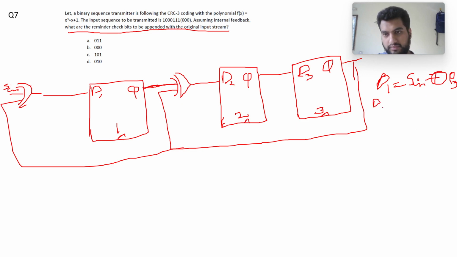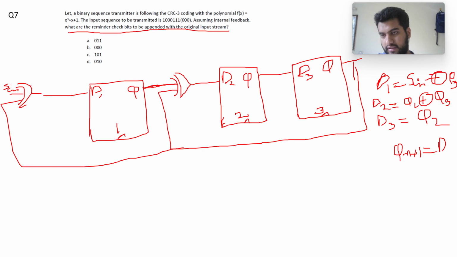D2 is equal to Q1 XOR with Q3. Then we have D3, that is equal to Q2, and we know that for a D flip-flop, Q(n+1) is equal to Dn.